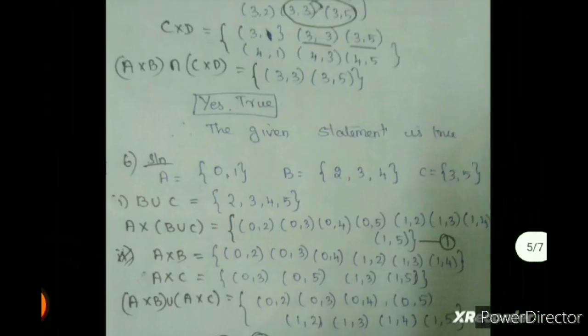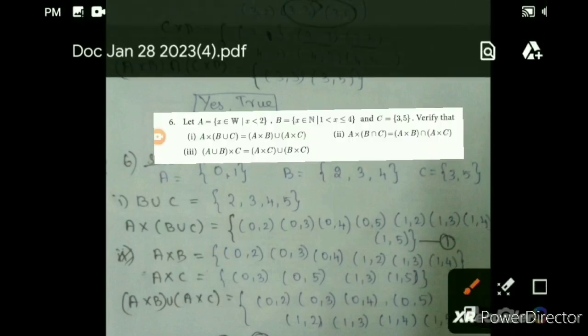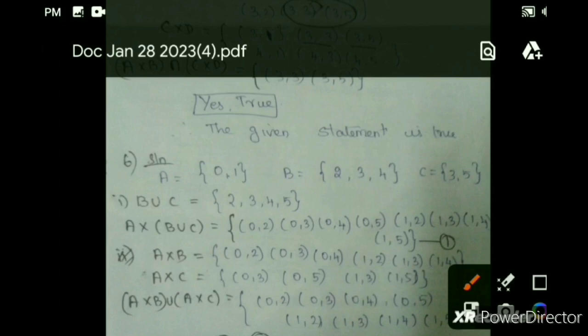Go to the sixth sum. Let me write A is equal to 0, 1, B is equal to 2, 3, 4, C is equal to 3, 5. How do we find B union C? Writing it together, we will get 2, 3, 4 and 5.